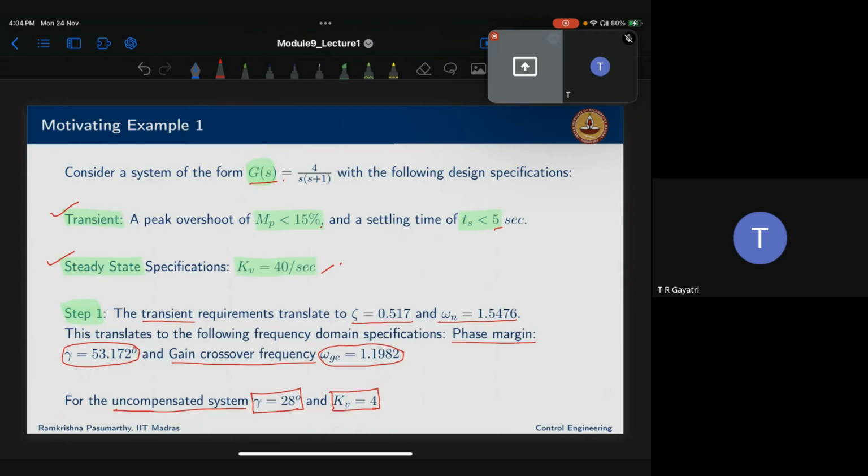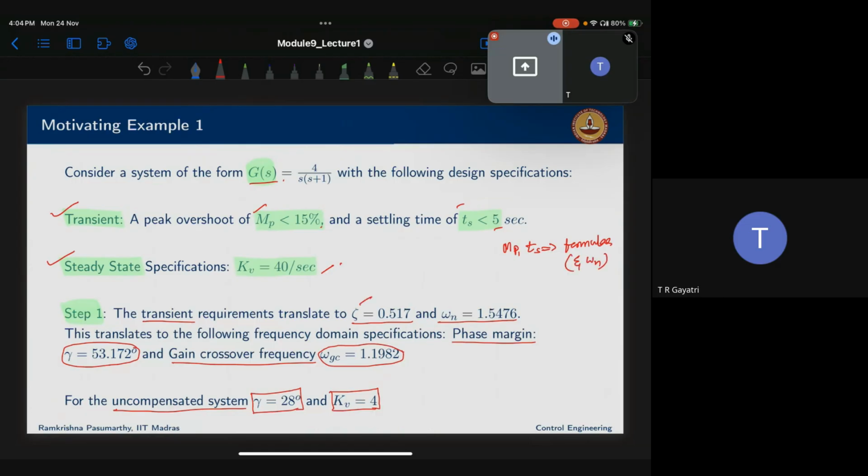Now in the frequency domain specifications, just like what we did previously, we have the Mp and Ts formulas. Using those formulas, you can find zeta and omega n.